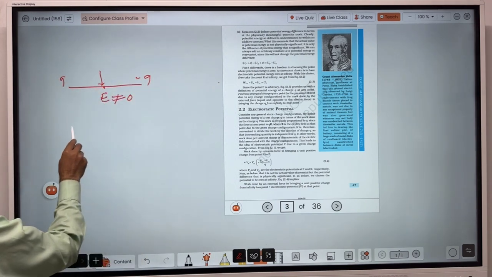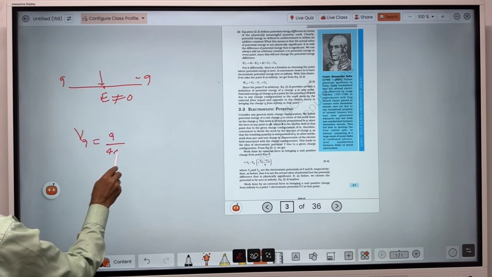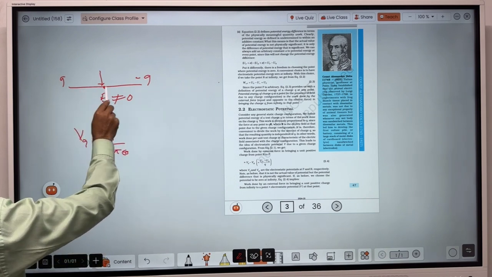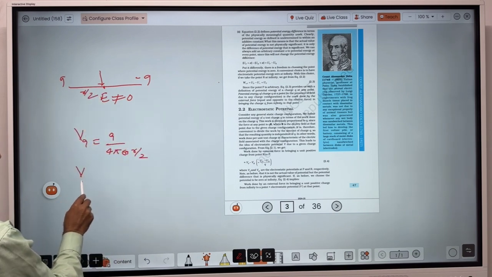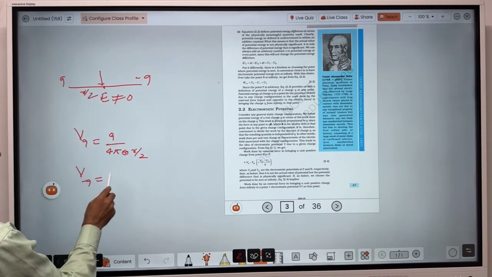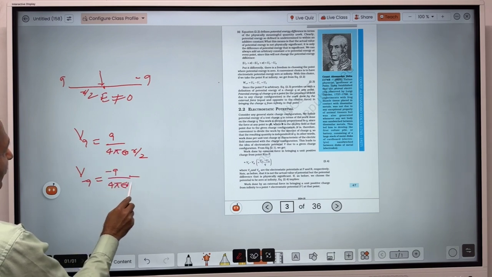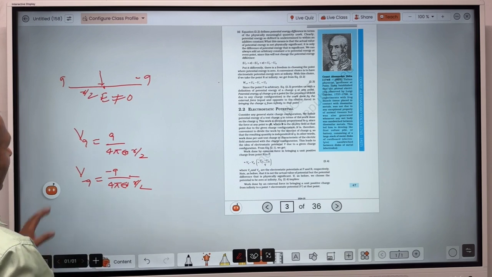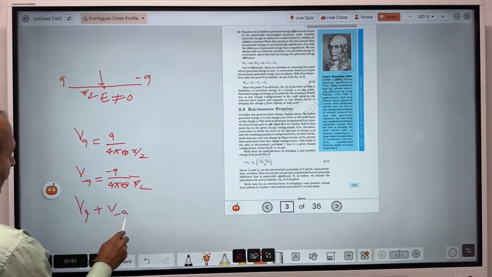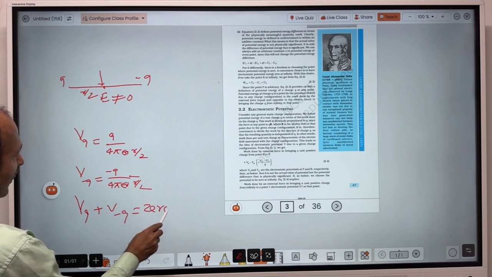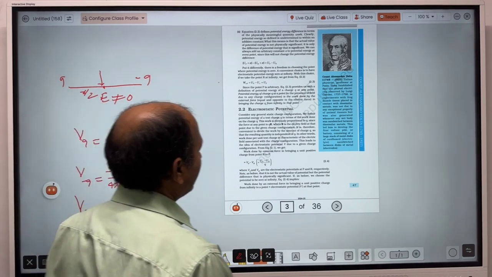The reason is very simple: VQ will be Q upon 4 pi epsilon naught, suppose this distance is R by 2, so R by 2, and V minus Q will be equal to minus Q divided by 4 pi epsilon naught and then R by 2. If you find the sum, VQ plus V minus Q, you will get 0.